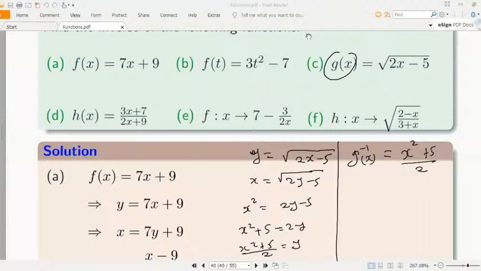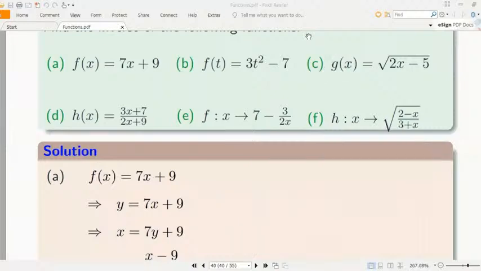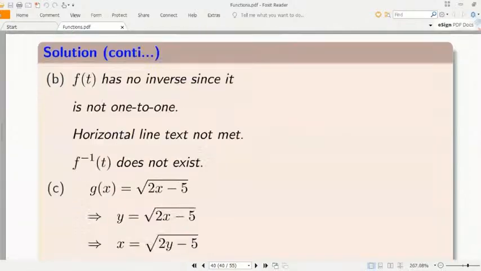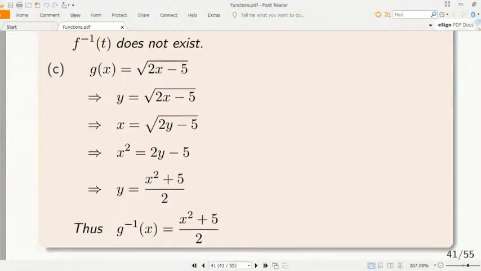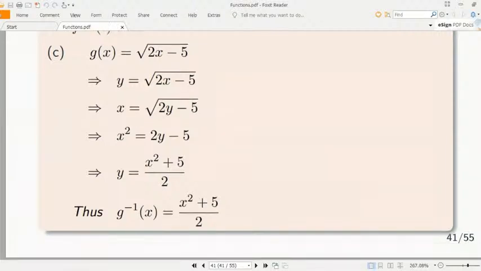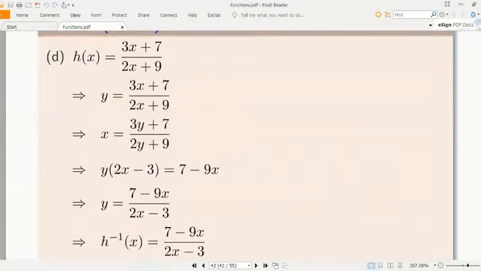Let me just show you my workings for the rest of the questions. So question C, my working is here. Then question D, working is here. Do yours first, and then compare with mine.